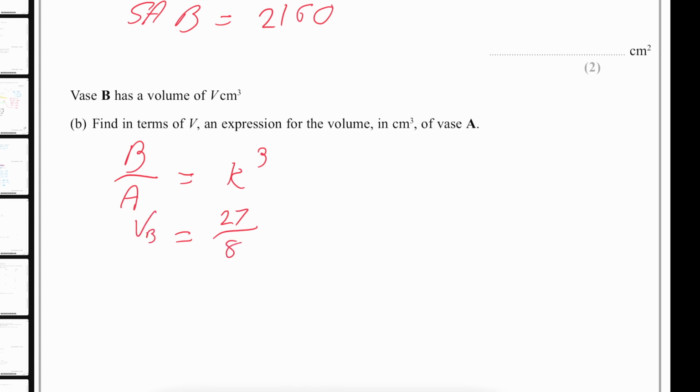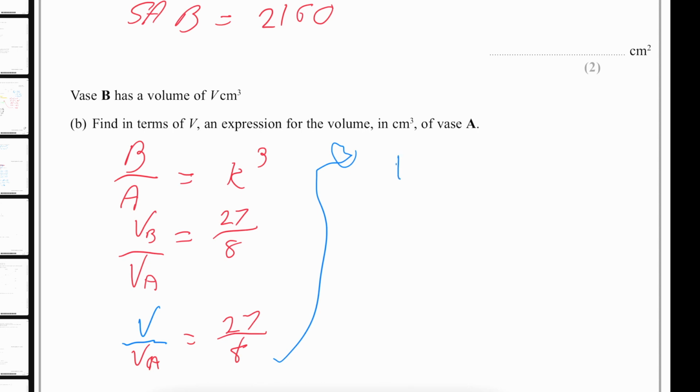So volume of B over volume of A. And just to make our lives complicated, they used V, so I'm going to replace it with a color. So that is B over there, and now I've still got volume of A underneath equals this 27 over 8.